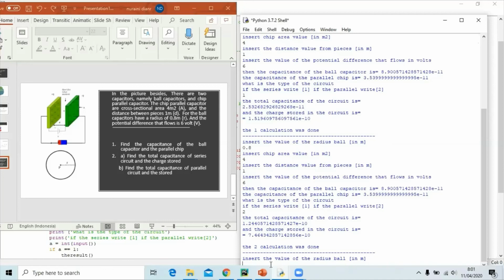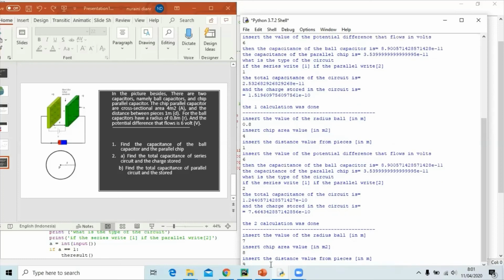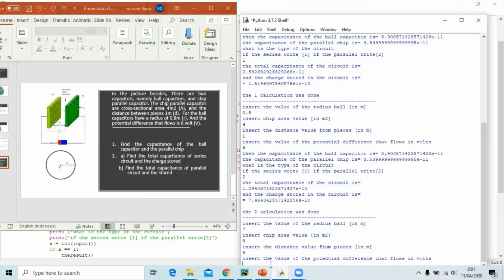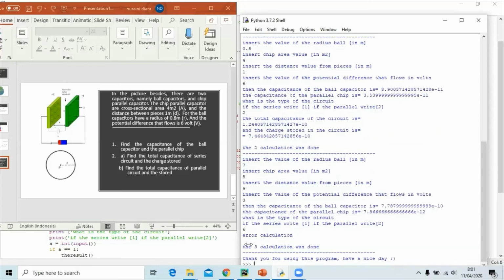And here I will put another number. If the series write 1, if the parallel write 2, I will put 6 over here. Oh, error calculation.